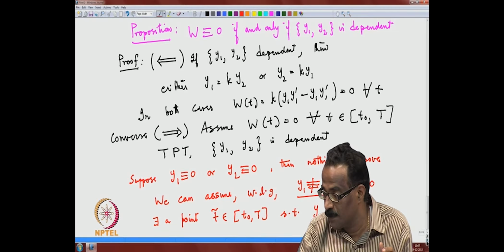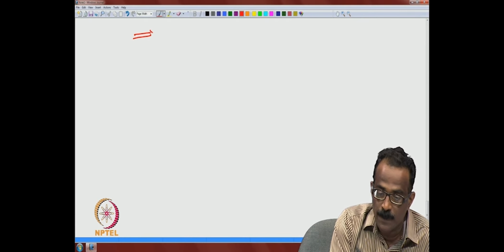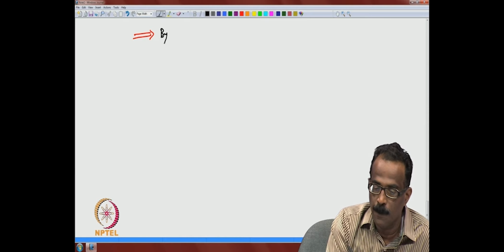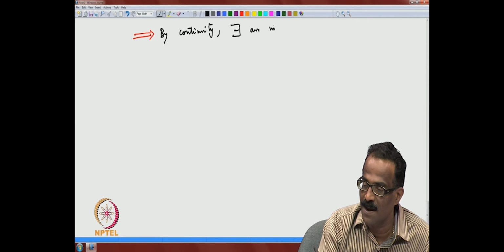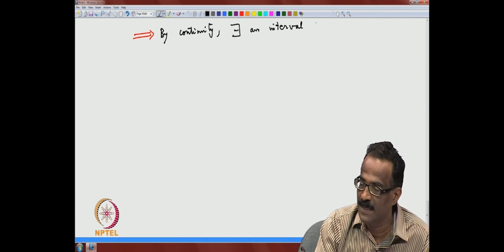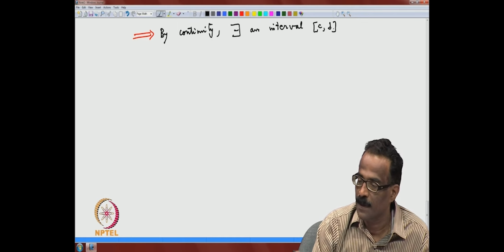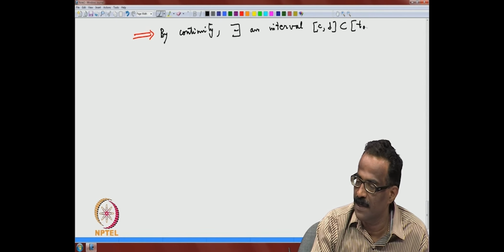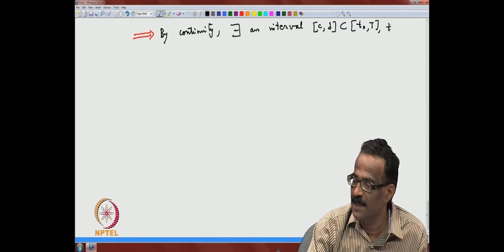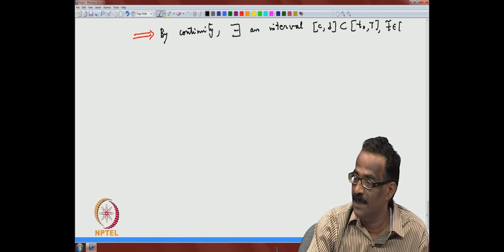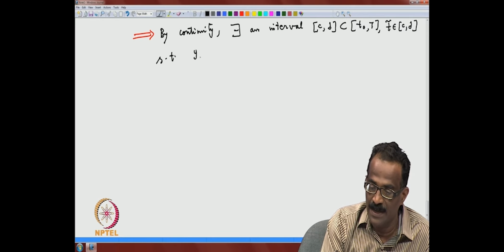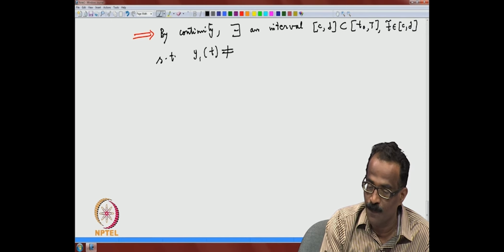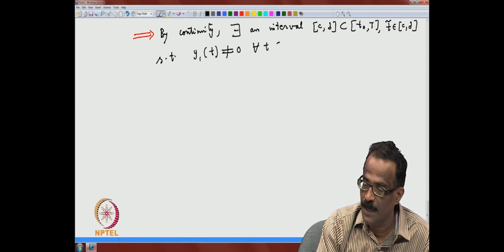That implies by continuity there exists an interval CD, of course contained in t naught to t, such that y1 at t is not equal to 0 for all t in CD.